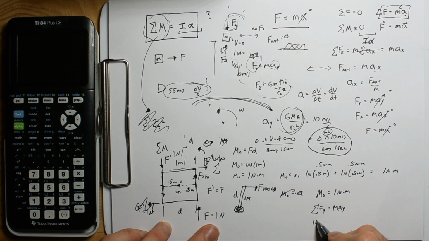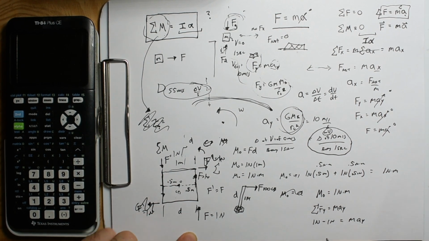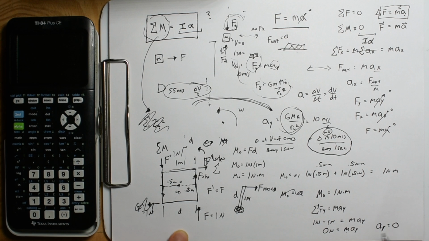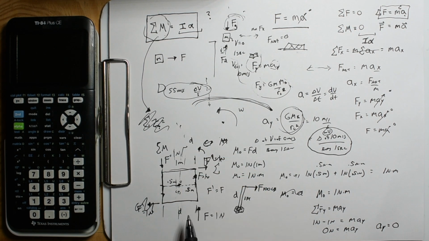Well, we have 1 Newton up minus 1 Newton down is equal to mass times acceleration in the y. We have 0 Newtons equal to mass times acceleration in the y. So it looks like acceleration in the y is going to be 0. So here is a case where we identified that we're not going to have motion in the y direction. We're not going to have a change in velocity in the y direction.